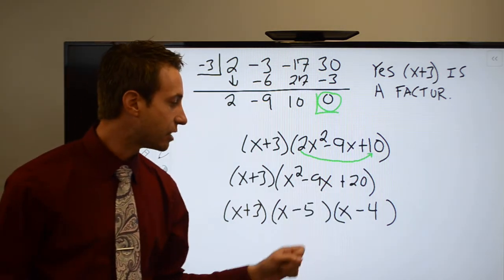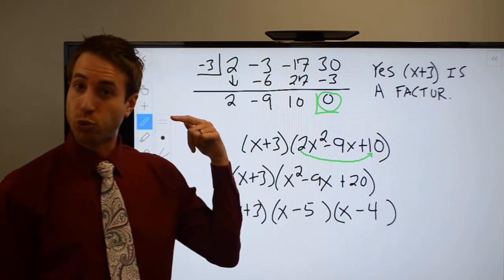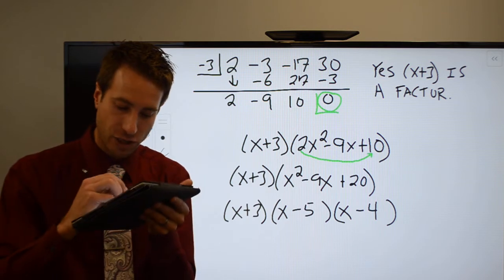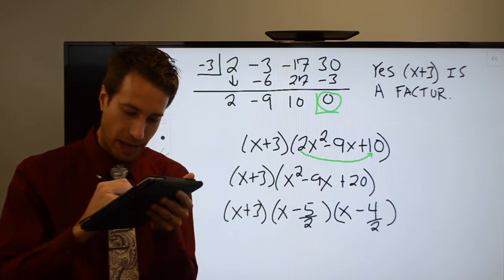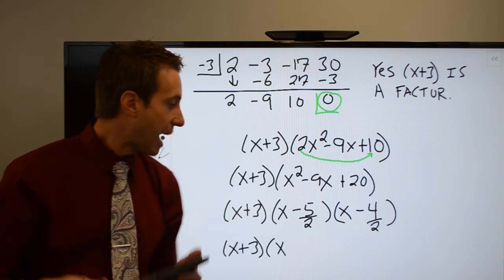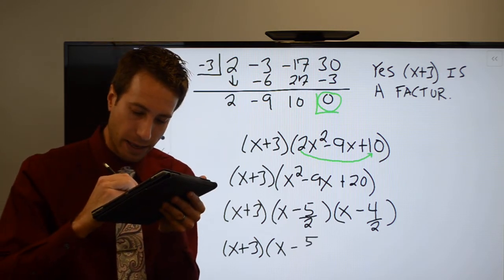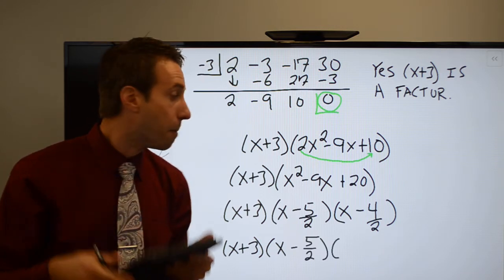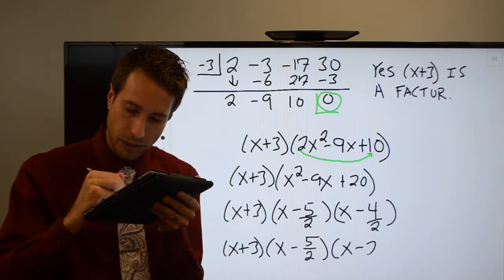So the last thing I need to do is divide each of those numbers by my original leading coefficient, and simplify. So x plus 3, x. Now, 5 is not evenly divisible by 2, so I just leave it for the moment, 5 halves. But 4 is evenly divisible by 2, I get x minus 2.